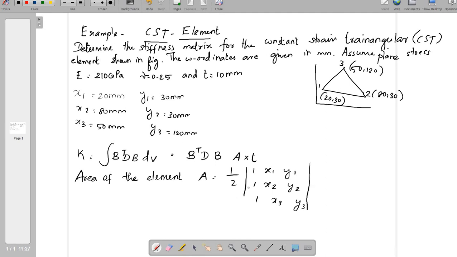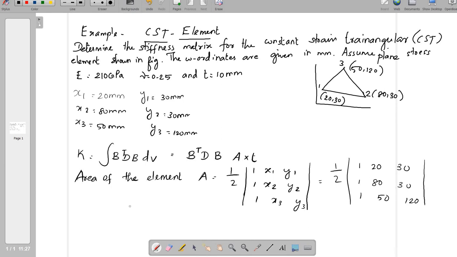So kindly refer to the derivation of the CST element. The determinant of the matrix multiplied by half is the area of the element. Now we have the coordinates, so we can substitute: half, with rows 1, 20, 30; 1, 80, 30; 1, 50, 120.